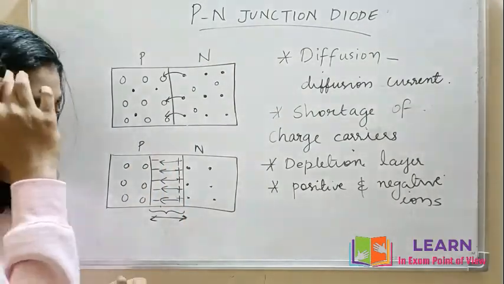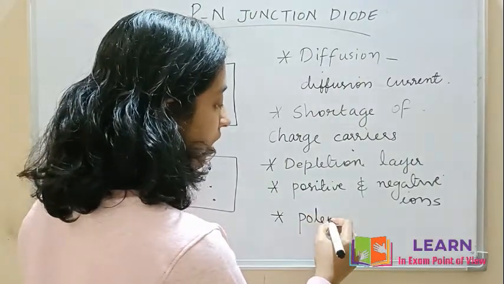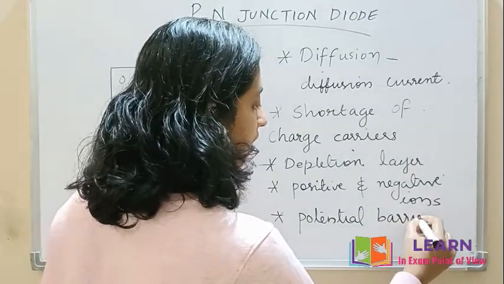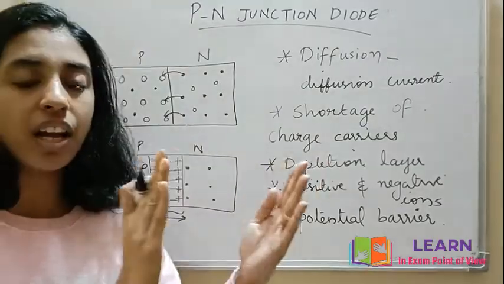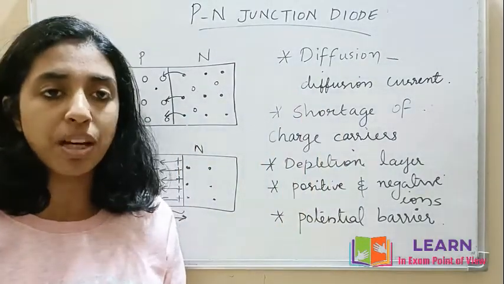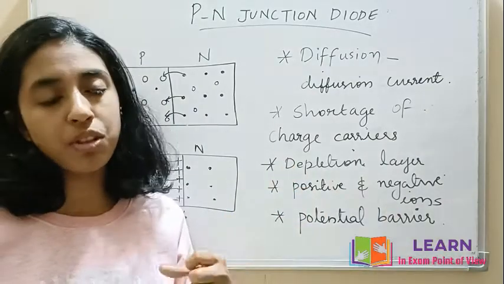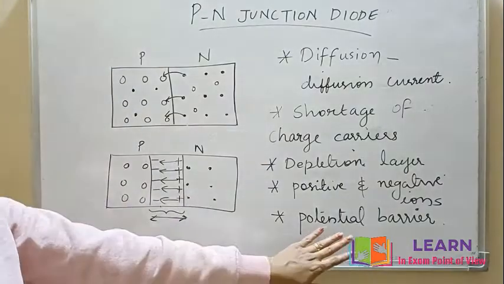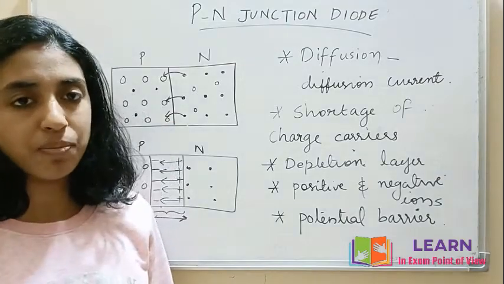The term you should remember is that a potential barrier is created. Due to that potential difference, a potential barrier will come. It opposes further movement of electrons. That is, the potential barrier opposes the movement of electrons.